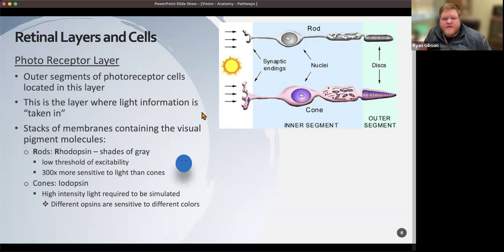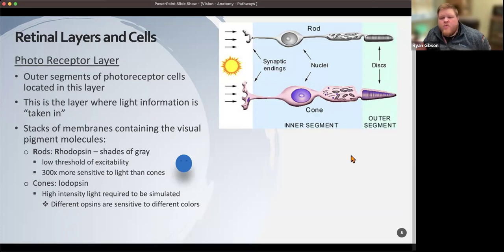The outer segments of photoreceptors, let me rephrase that. The photoreceptors are in the outer segment, and that is going to be right next to our pigment epithelium, because remember, we're going to feed the nutrients and oxygen directly to them. All right. And again, nothing really else new in here, but this is going to be the layer where we absorb light or bounce light off of the retina, and then we're going to collect light here.